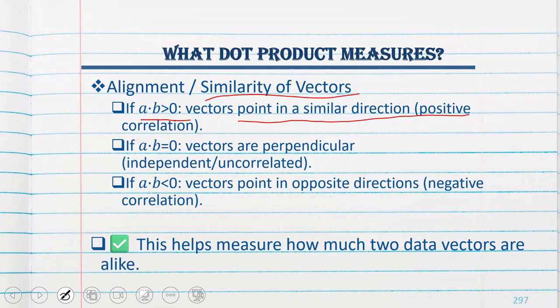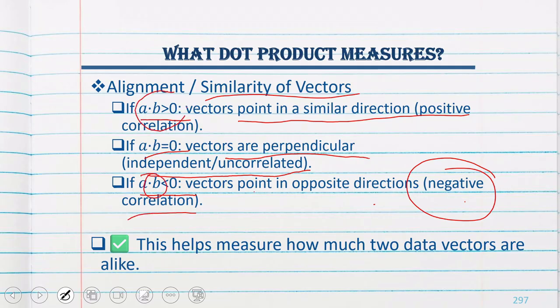A dot B equal to 0 means vectors are perpendicular, and it also represents independent or uncorrelated values. A dot B less than 0 means the vectors point in opposite directions and there is a negative correlation between these two vectors. If A dot B is greater than 0, there is a positive correlation between these two vectors.